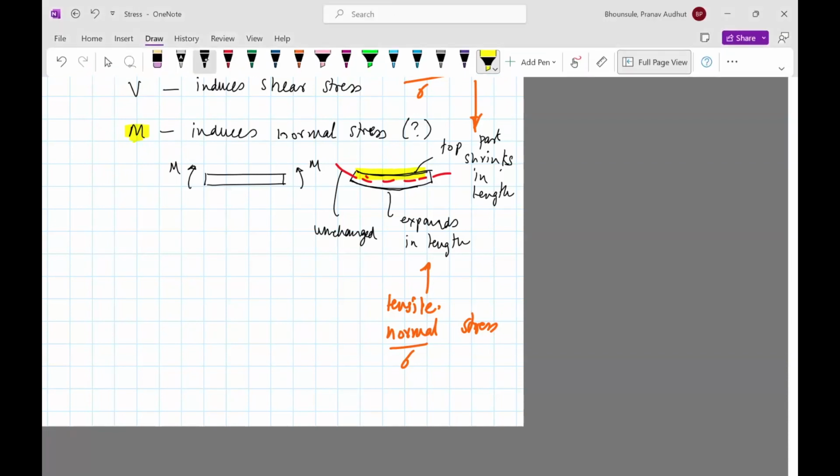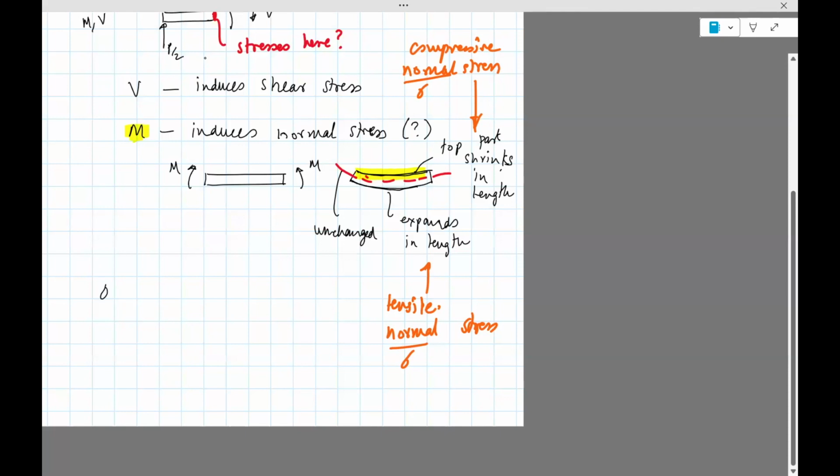Sigma and tau are the terms used. Sigma is normal stress due to M. Tau is the shear stress, due to V. Both have the same units.